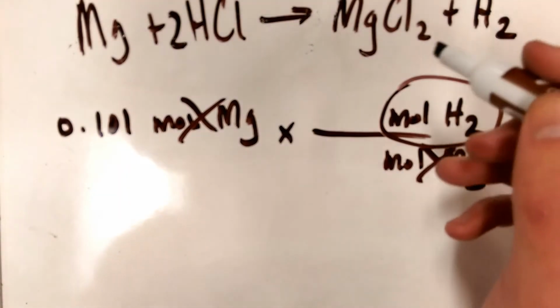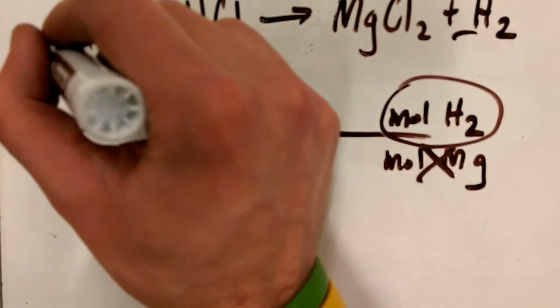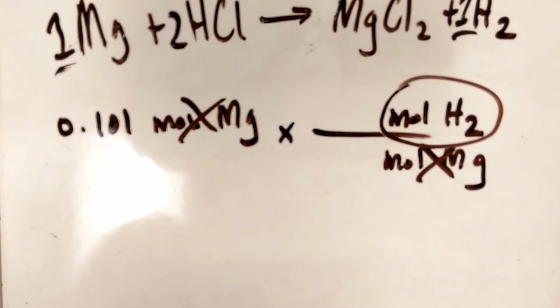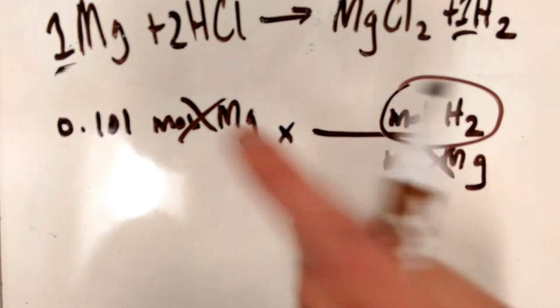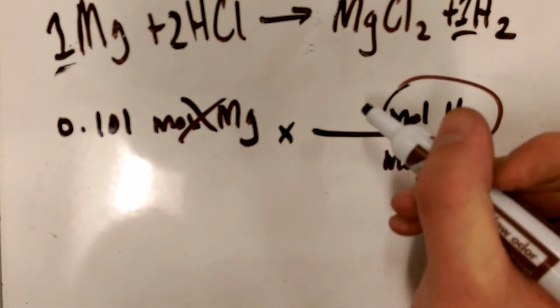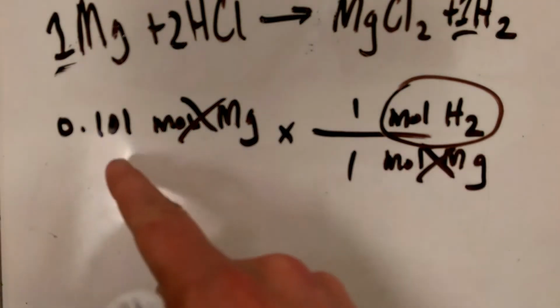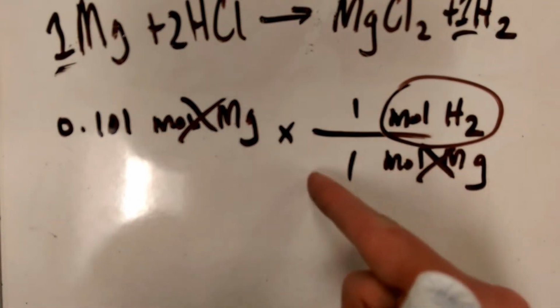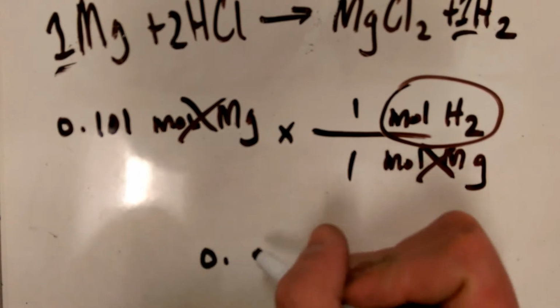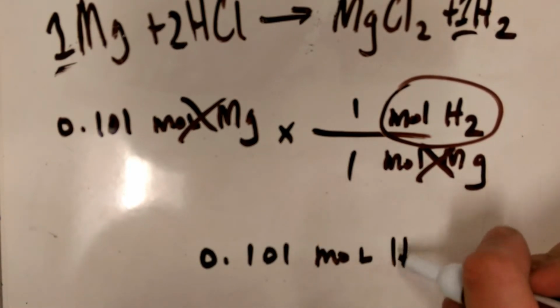This is when we go back to our reaction and look at those coefficients and how they compare. Again, remember there's a 1 implied in either of these locations. So for every 1 magnesium, we're going to get 1 H2 that comes out. We can translate that: for every 1 hydrogen, we should get 1 magnesium. So 0.101 times 1 divided by 1, we should be producing 0.101 moles of hydrogen gas.